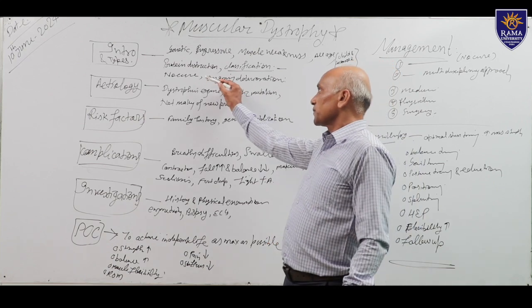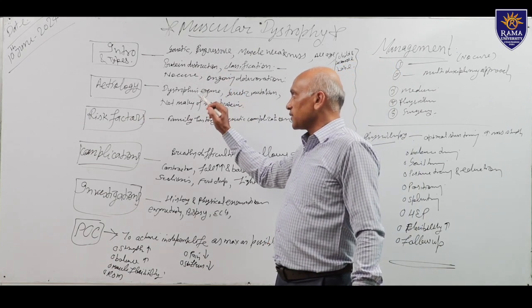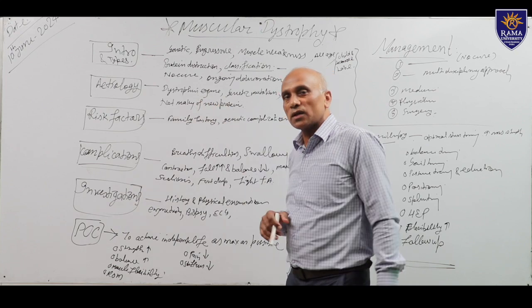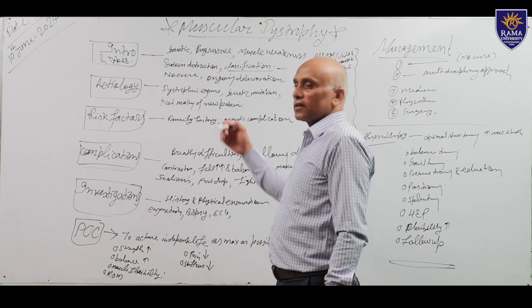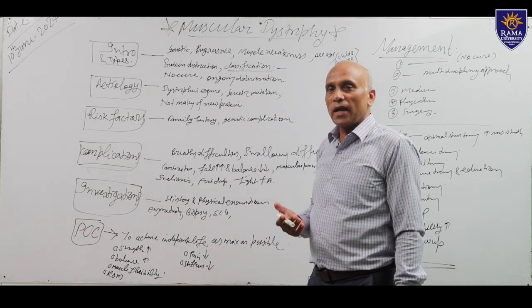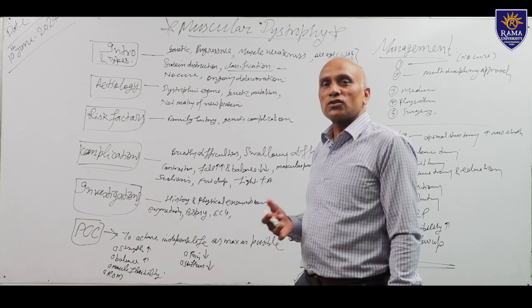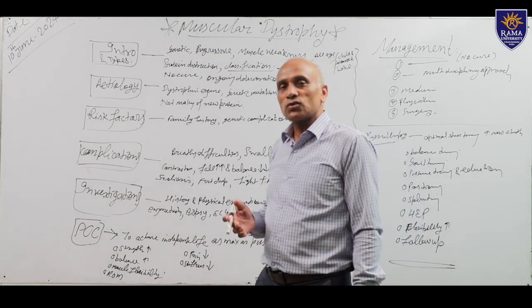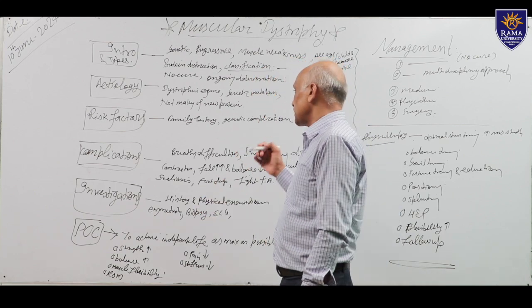Enzyme destruction is the most important factor that may lead to destruction of the muscle, and this may lead to weakness, loss of balance, frequent falling, abnormal gait, scoliosis, and contracture. So we can find a number of complications in these conditions.